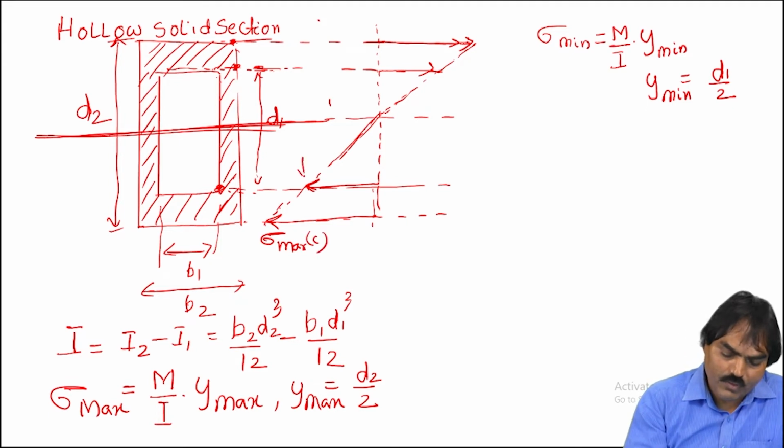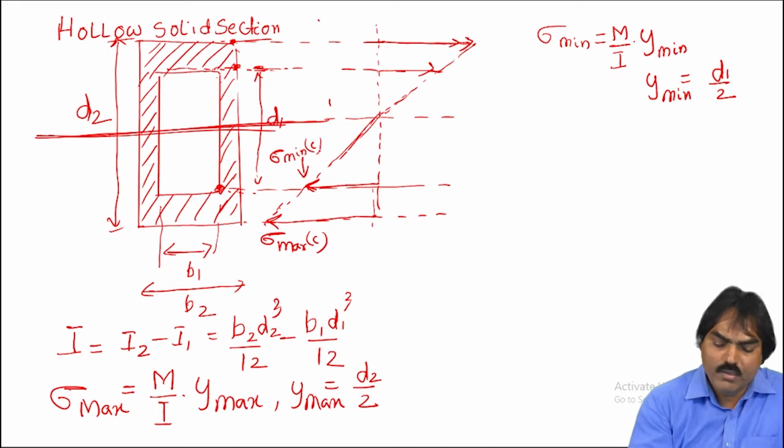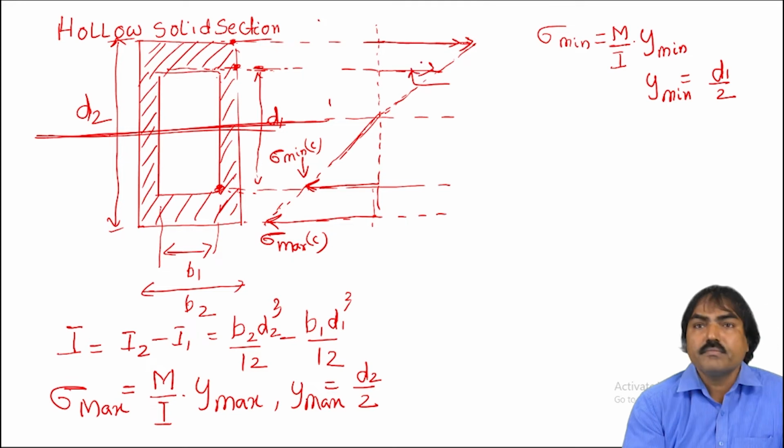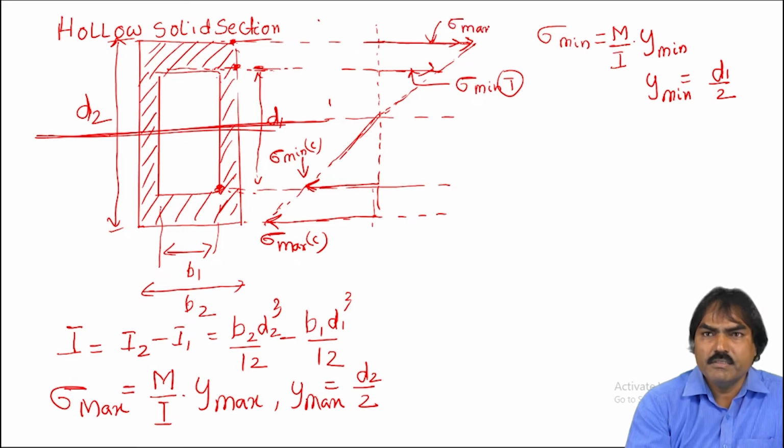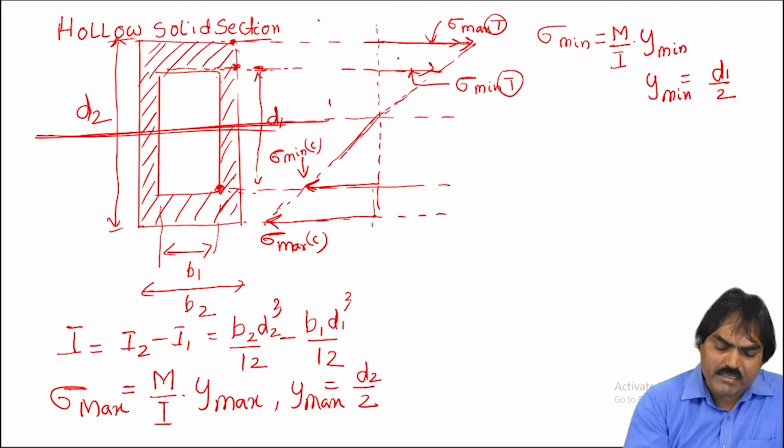Here, this one, sigma minimum compression. This value is sigma minimum tension. Whereas this value is sigma max tension. Now in between, we'll have some value between maximum and minimum.